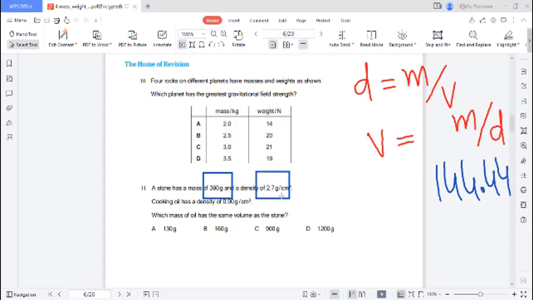Now the density of the oil is given, and we are going to check which mass will give this answer. Let's try them one by one. So volume is mass over density.